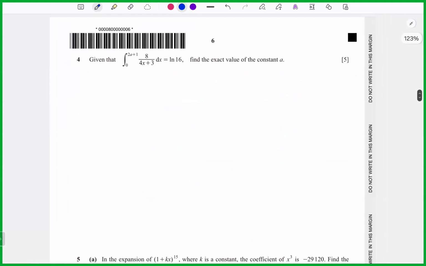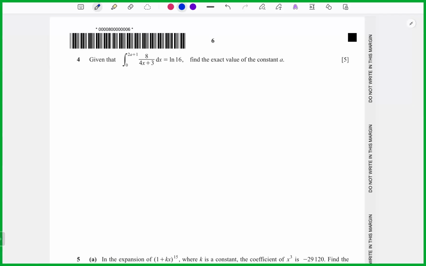Okay, let's look at the next question. Question 4. Given that the integral from 0 to 2a plus 1 of 8 over 4x plus 3 dx equals ln 16, find the exact value of the constant a. So how?